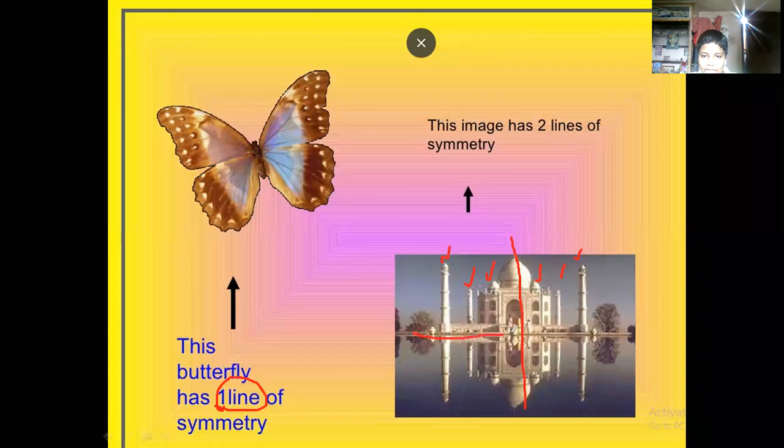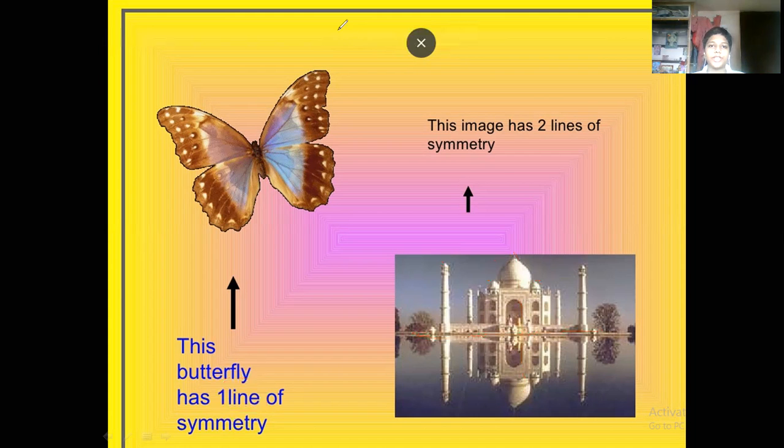Otherwise, if we draw like this, we know the Taj Mahal has a lake in front, and at the back the Yamuna river will be there. The impression will be falling in the lake also. We can see the Taj Mahal in the river also. So the Taj Mahal will be having two lines of symmetry.